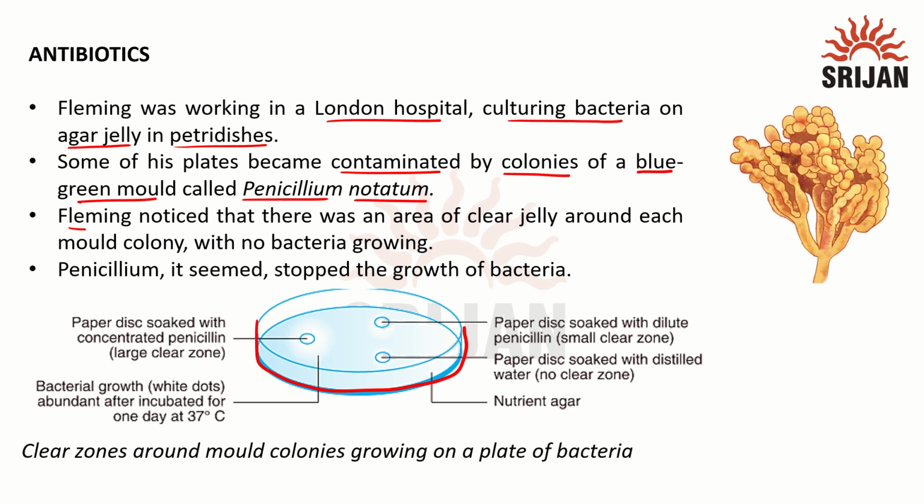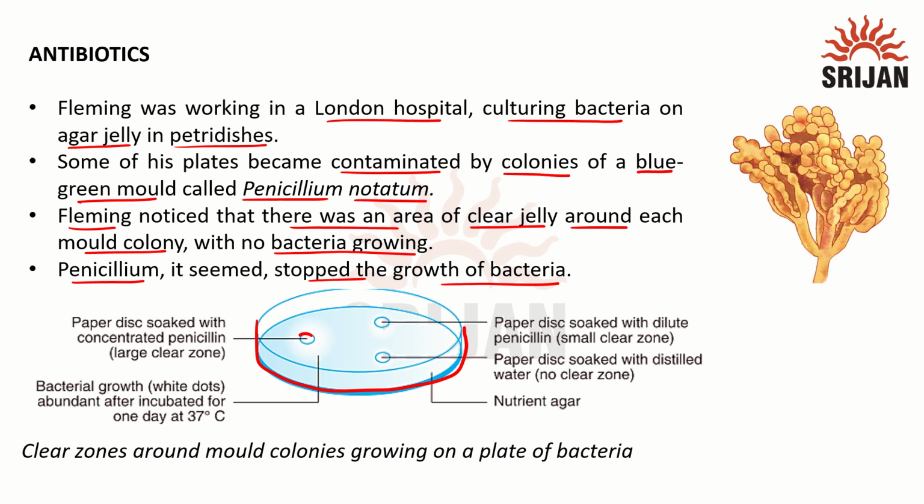Now, Fleming noticed that there was an area of clear jelly around each mold colony, where there was no bacteria growing. So, Penicillium stopped the growth of bacteria. Later he extracted the chemical released by this green mold and found that this chemical is preventing the bacteria from growing.